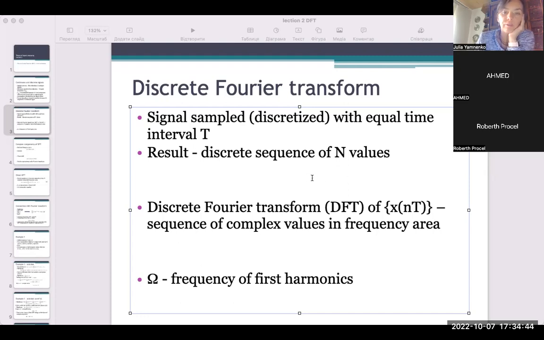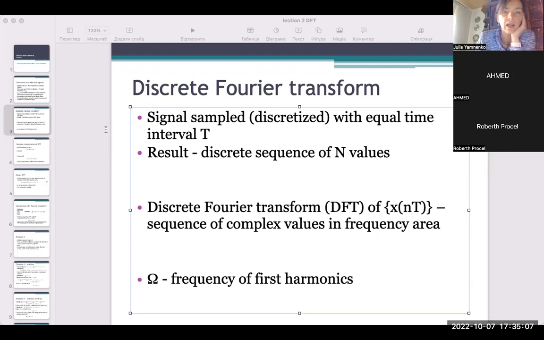If we make some modifications and replacements in this formula, and these modifications are listed here on the slide, then we will obtain the formula that reflects the interconnection between discrete and continuous methods.